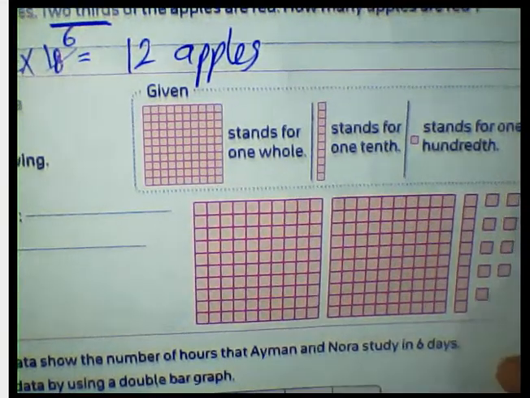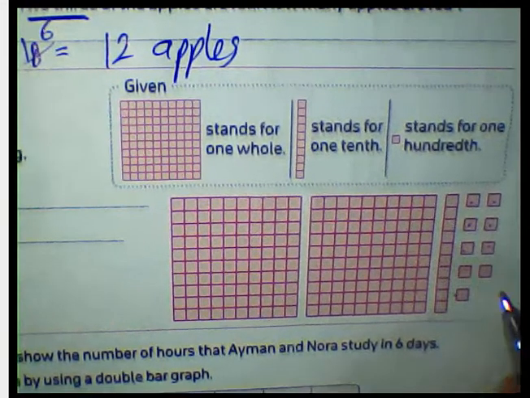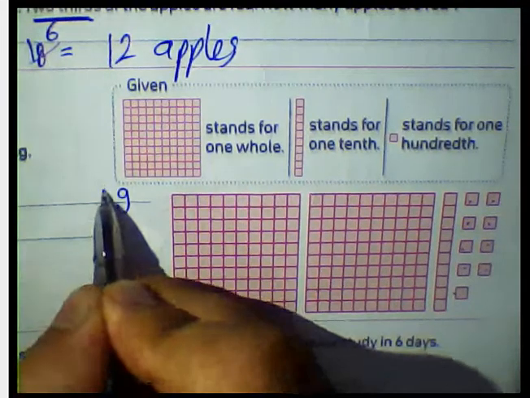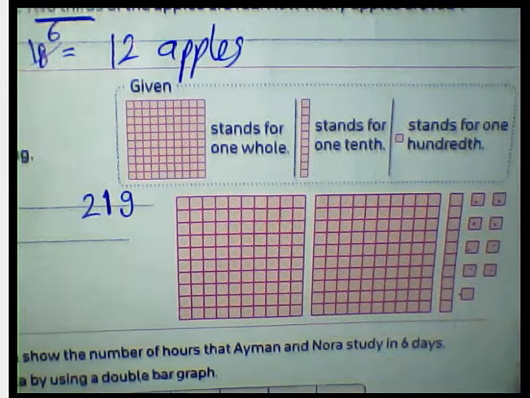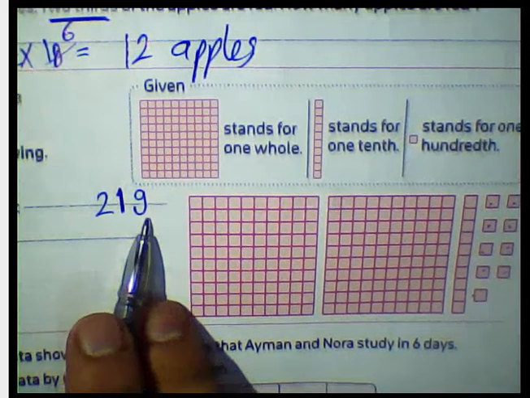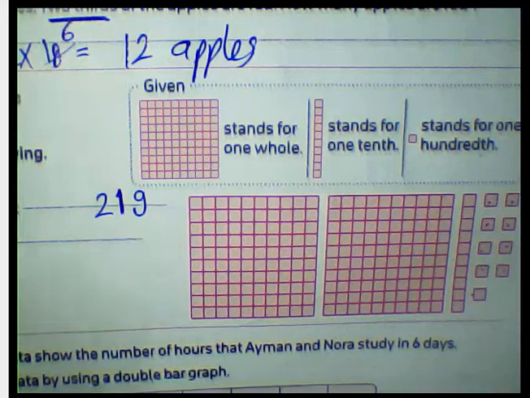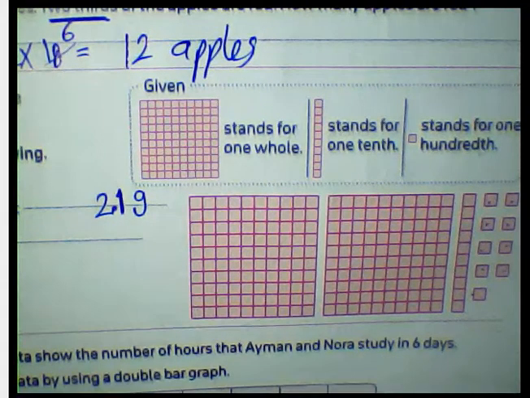And how many ones? 1, 2, 3, 4, 5, 6, 7, 8, 9. 9 in ones, 1 in teens, 2 in hundreds. So the result will be 2 and 19 hundredths.